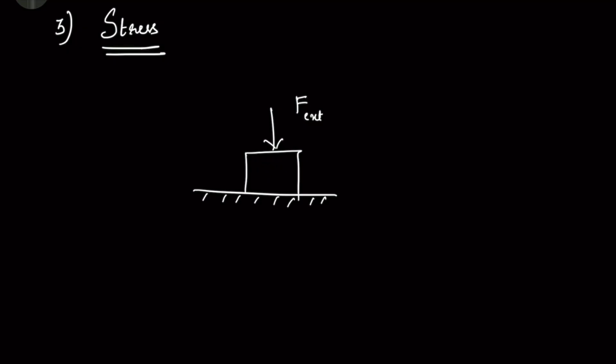Okay, so once I apply an external force to deform this object, there will be an internal force within the object, that will be coming from different directions, like this, like this. So these are all F internal. Whenever I apply an external force to deform an object, there will be some internal force within the object in different directions.